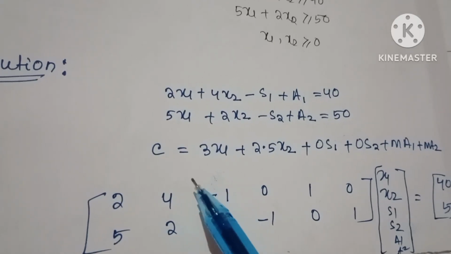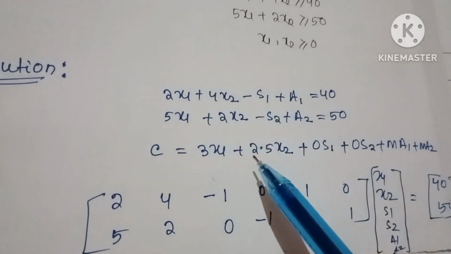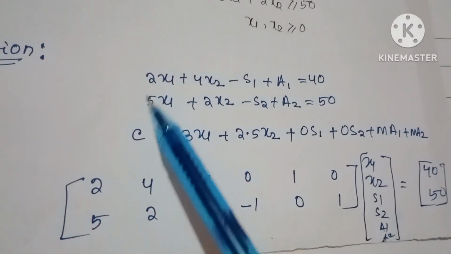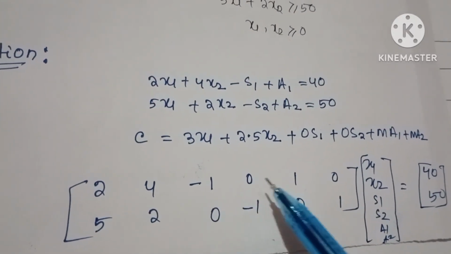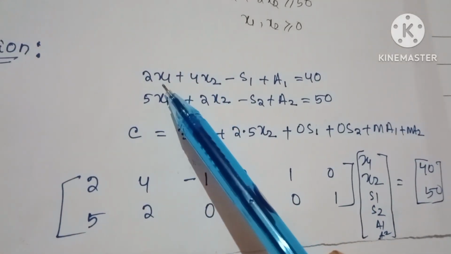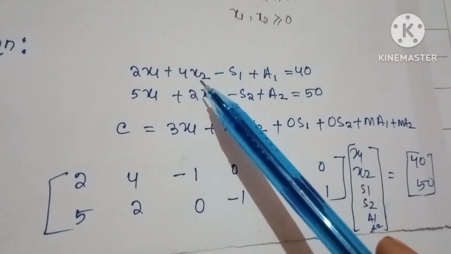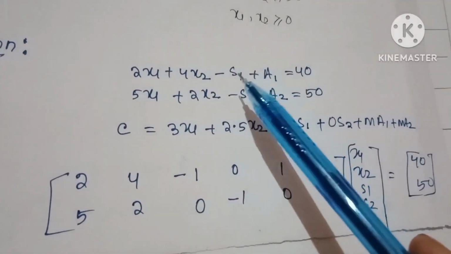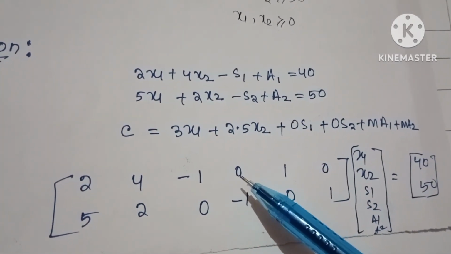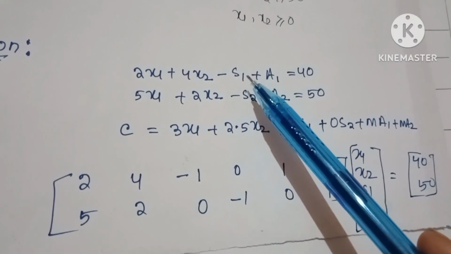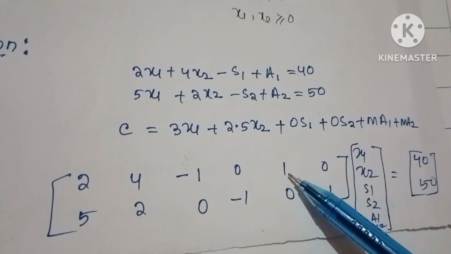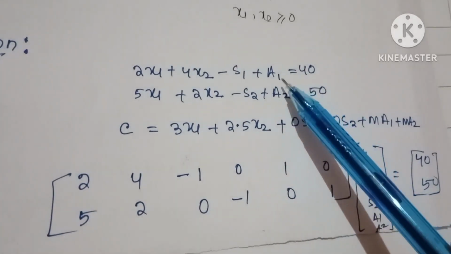Now if we put these equations into matrix format, it becomes 2, 4, minus 1, 0, 1, 0. Here 2 is the coefficient of x1, 4 is the coefficient of x2, minus 1 is the coefficient of s1, 0 because s2 is absent, 1 because a1 is present, and 0 because a2 is not there.